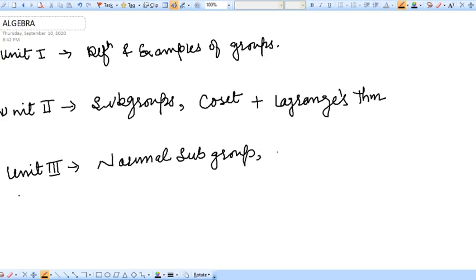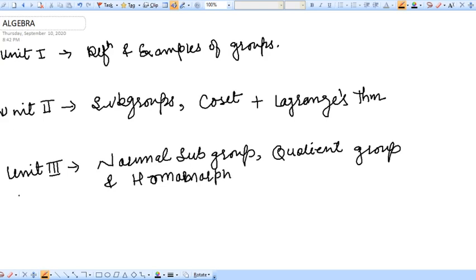Quotient groups, and homomorphism. Okay, this is all we are going to cover under unit 3.